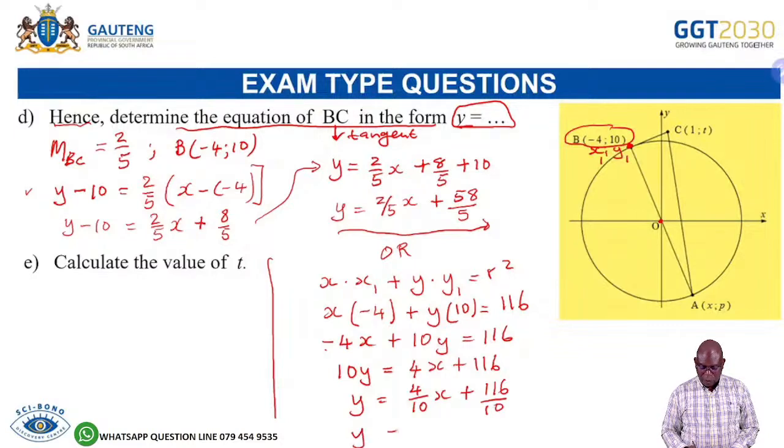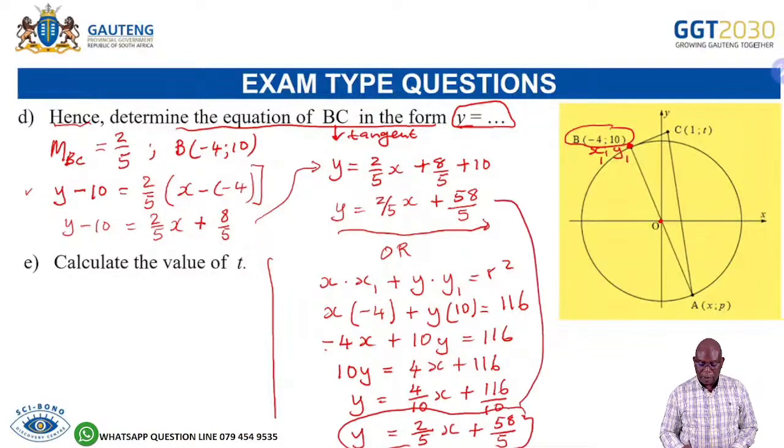So my y value will be 2 into 4 goes 2 times, into 10 goes 5 times. 2 into 116 goes 58 times. Into 10 it goes 5 times. So that answer here is the same as this answer there.